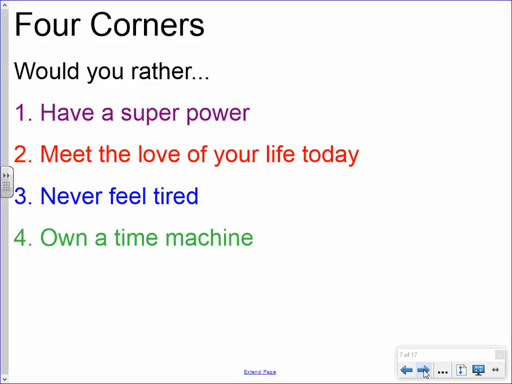Would you rather corner 1 have a superpower? Corner 2, meet the love of your life today? Corner 3, never feel tired? Or corner 4, own a time machine? Pick a corner, please. I'm gonna pick the one without. Conveniently, I picked the never tired corner to be the one with the couch.